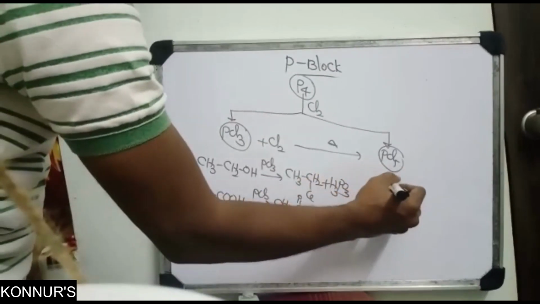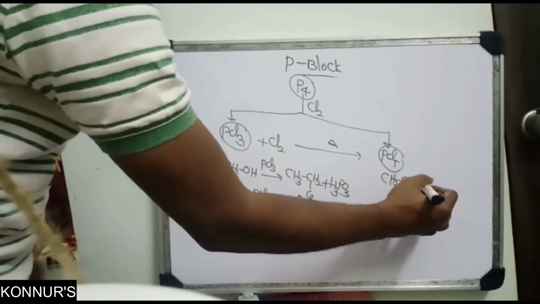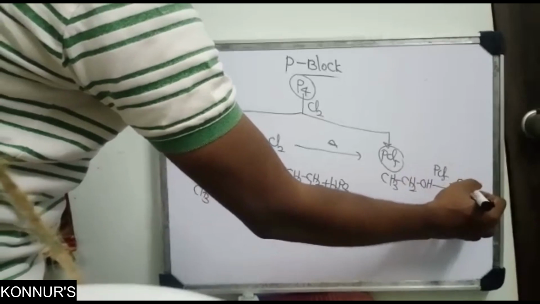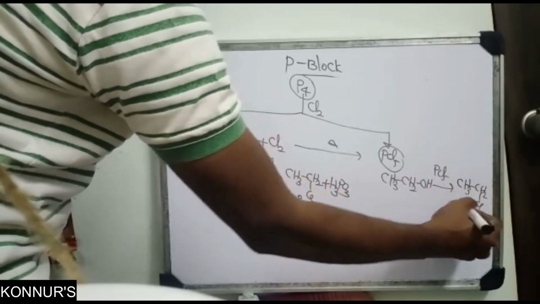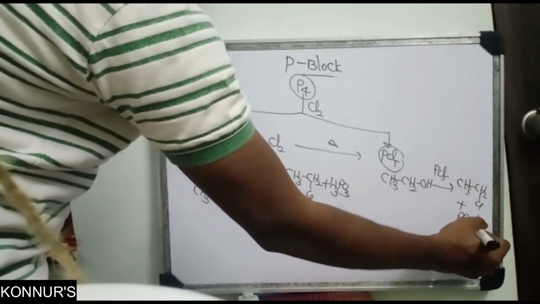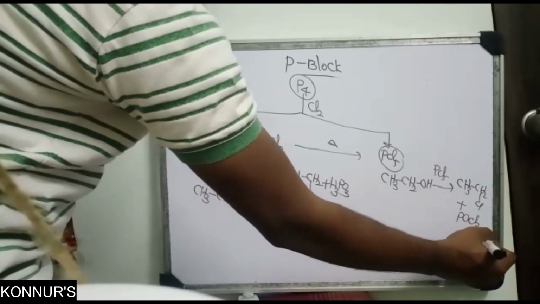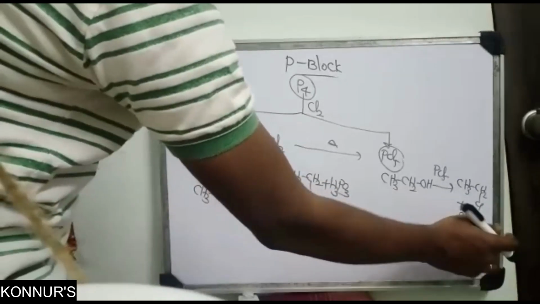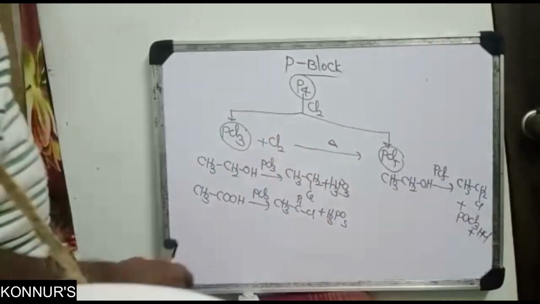Next, alcohol treated with PCl5 gives CH3CH2Cl plus POCl3 plus HCl.